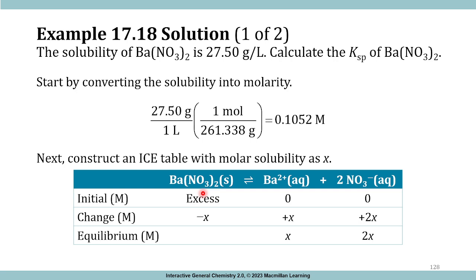Now, one of the caveats and a place people commonly make mistakes here is this. What exactly is that concentration of? Is that the concentration of nitrate? No. It's the concentration of barium with 2 nitrates, right?